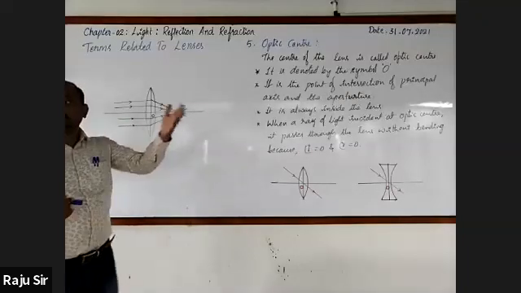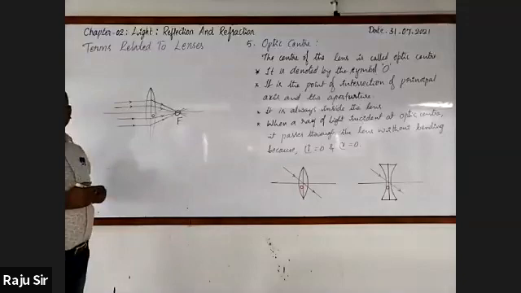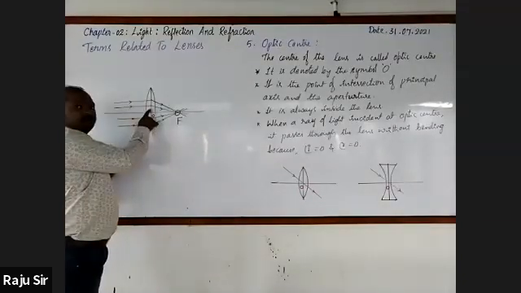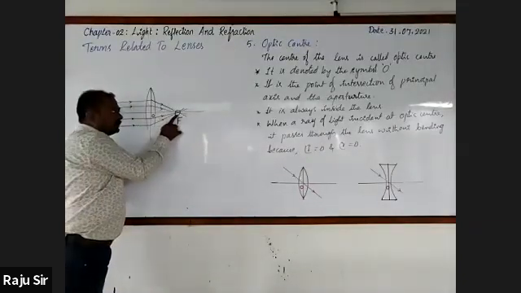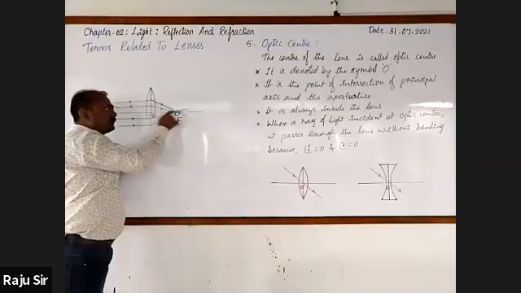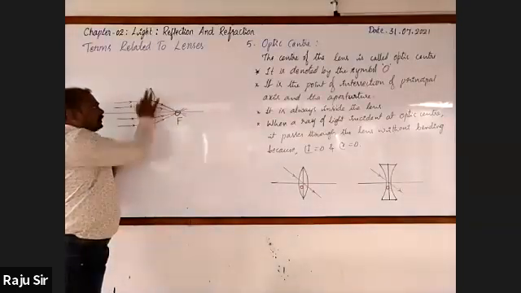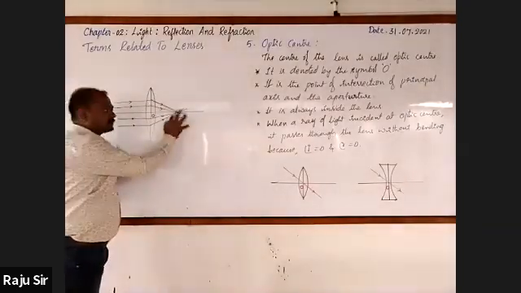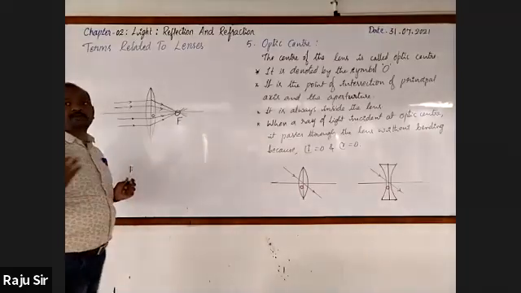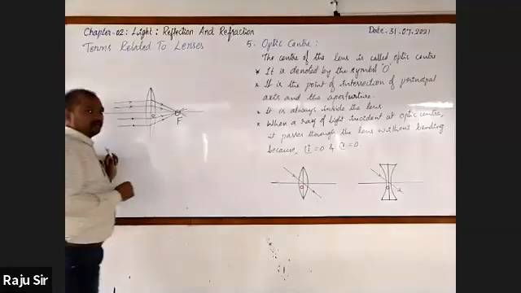Like in a mirror, we had principal focus there, here also principal focus. The point on the principal axis where the rays of light actually meet after refraction through the convex lens is called the principal focus of the convex lens and is denoted by F.